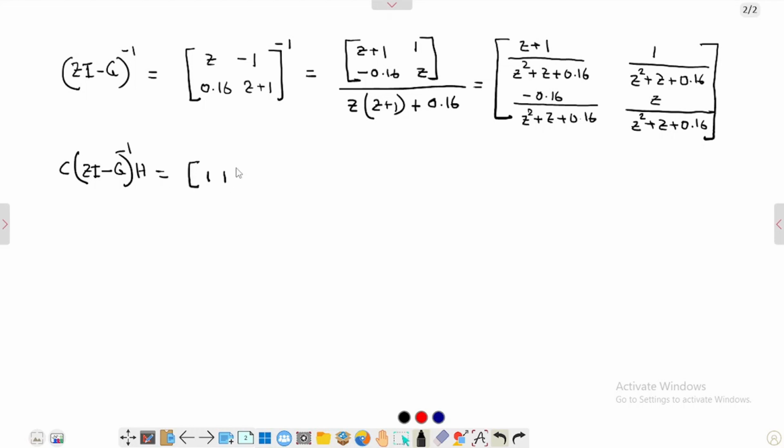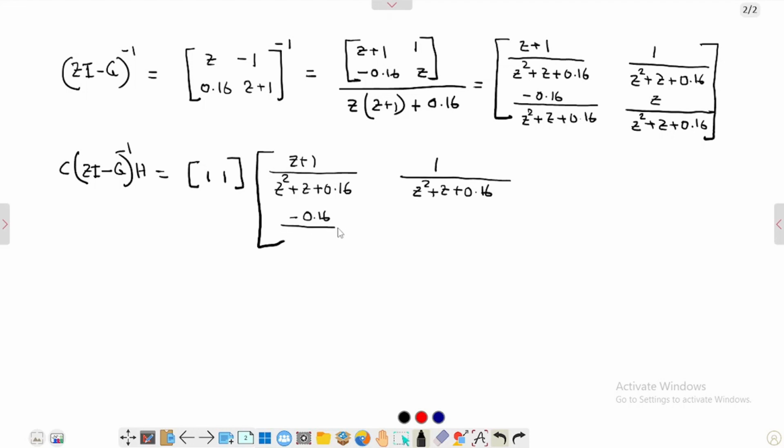C is what? [1 1] is given down there, and you got this matrix here: (z + 1) divided by z² + z + 0.16, 1 divided by z² + z + 0.16, and here we got -0.16 divided by z² + z + 0.16, and here you get z divided by z² + z + 0.16, and you have to multiply with your H, and your H is [1 1].